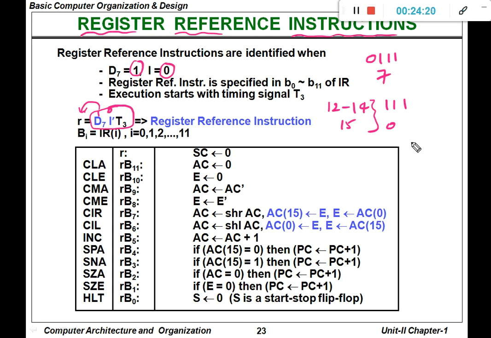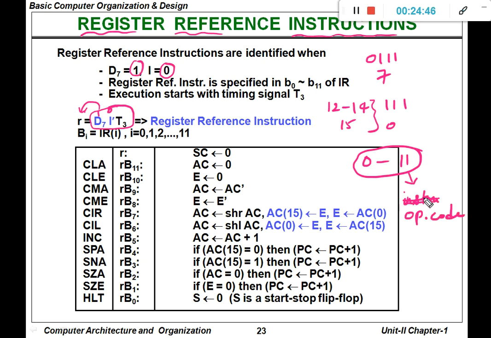And what about the remaining 12 bits? There are bits 0 to 11, 12 bits available in the address code. However, for the register reference instructions as well as for the input output instructions, these bits 0 to 11 are used as the operation code, op code. Okay.